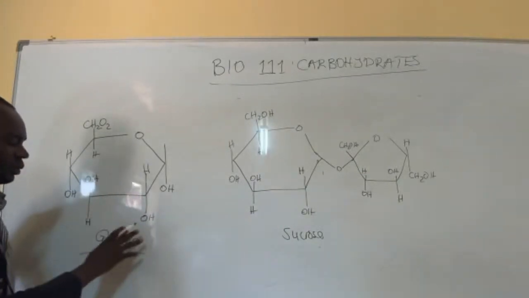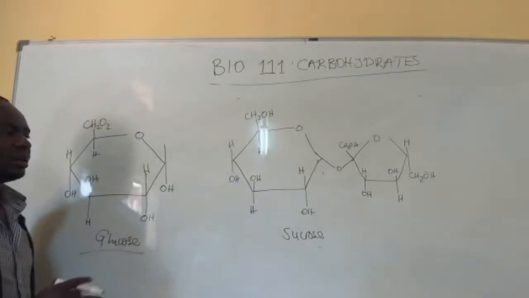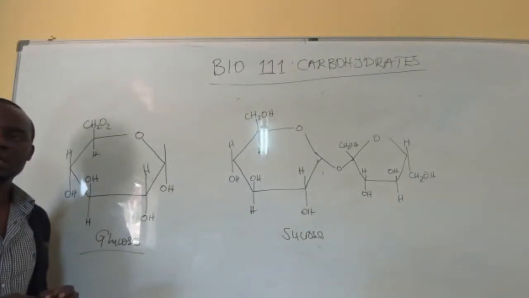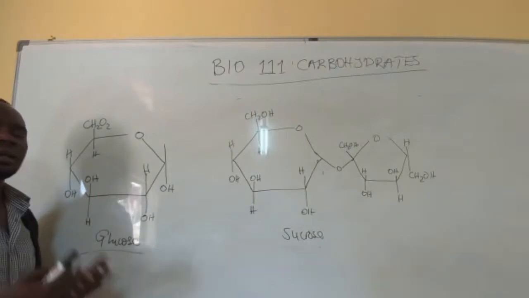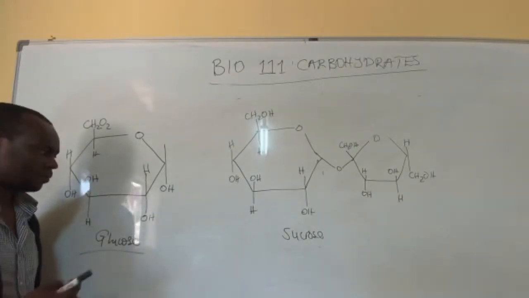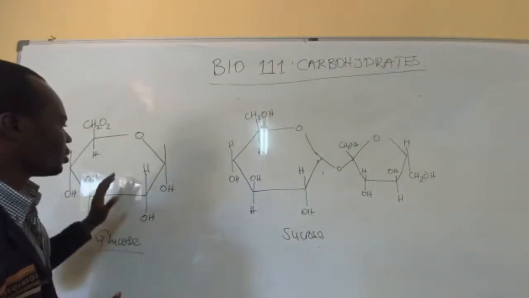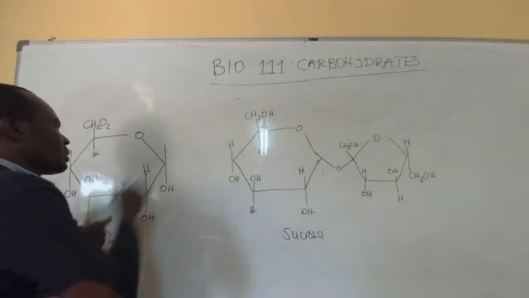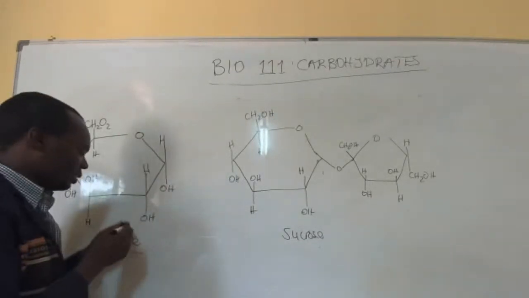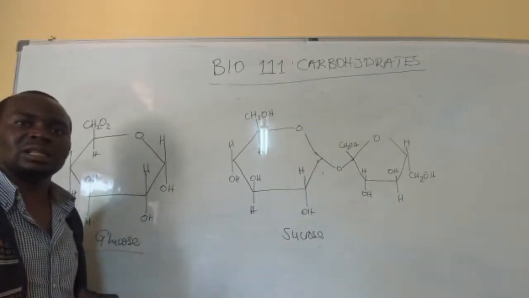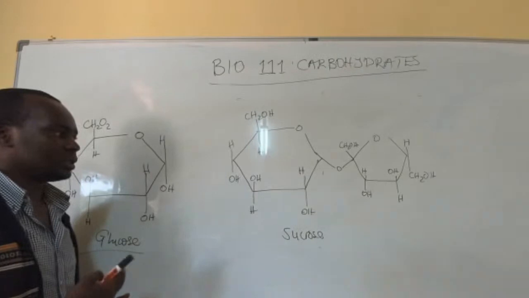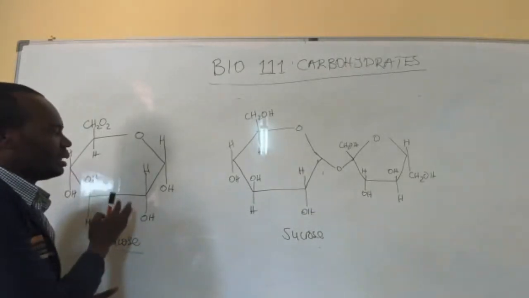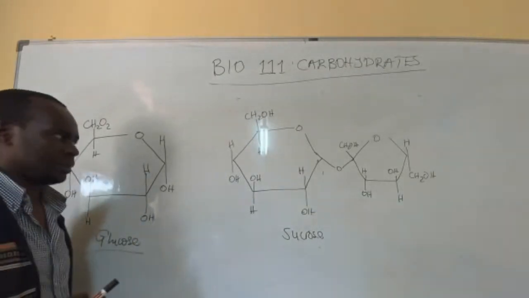So by function, the monosaccharides are usually used for energy because they are energy-rich molecules. So what the body does is that it breaks them down to liberate energy needed for metabolism.